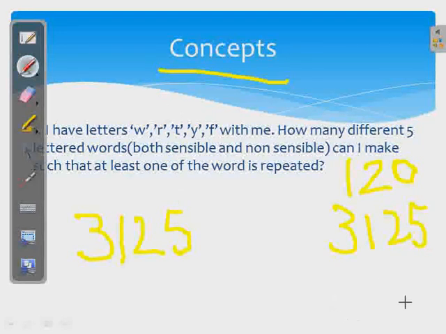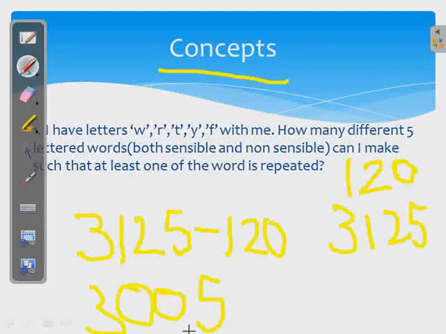This includes words like W, R, T, Y, F as well, those with repetitions and without repetitions both. But this includes words without repetition. So if we do the subtraction, we will get 3005, and these 3005 are the words that have at least one letter repeated. So these are without repetition, with repetition, and these are the words with at least one letter repeated. So we solved the question.